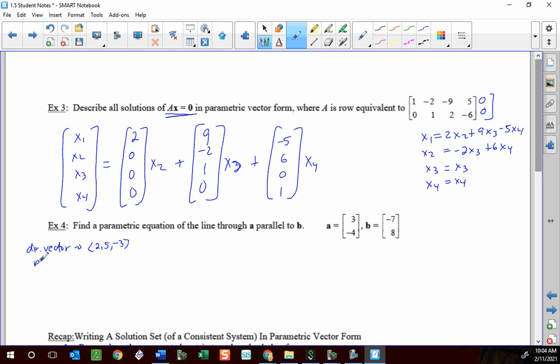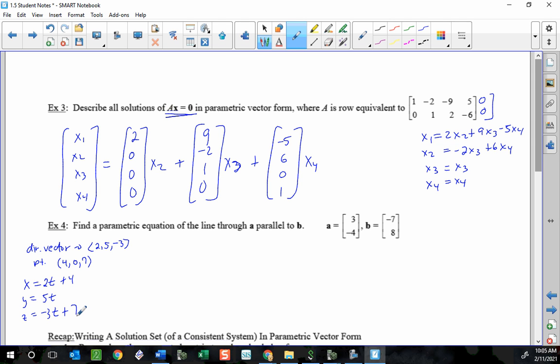And let's say we had a point, and the point that this line went through was like 4, 0, 7. Remember, we used to do this. x equals 2t plus 4. We did y equals 5t, because that was my direction, and then plus nothing. All right, and then z equals -3t plus 7.